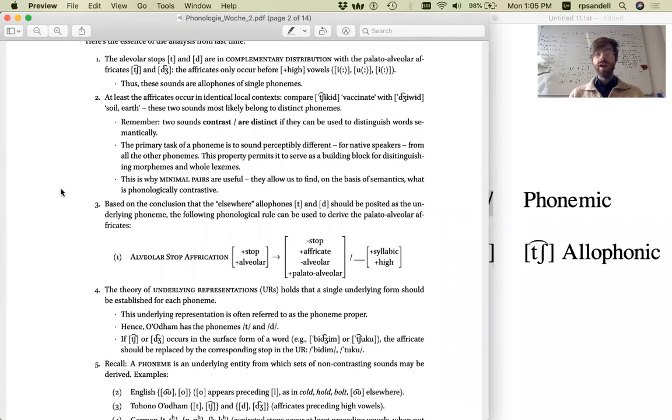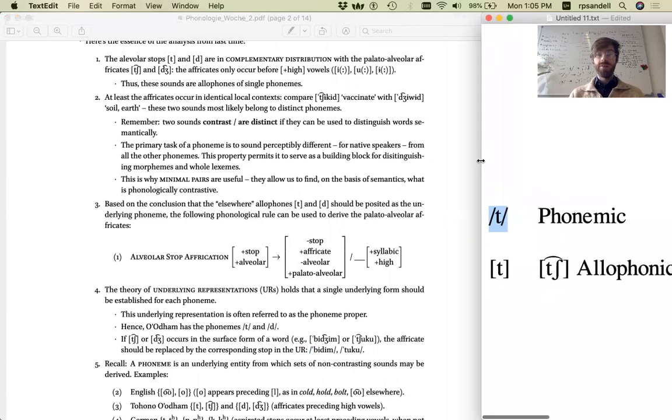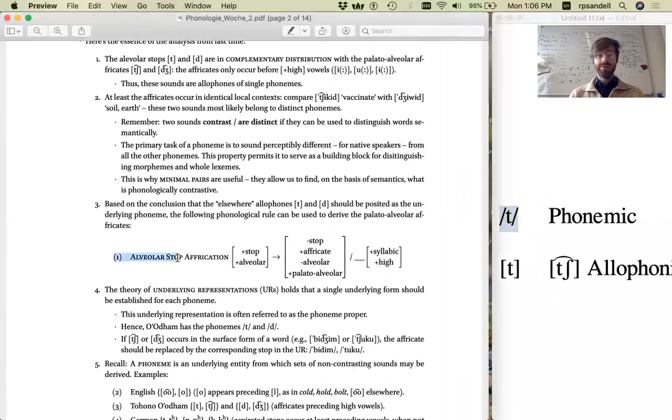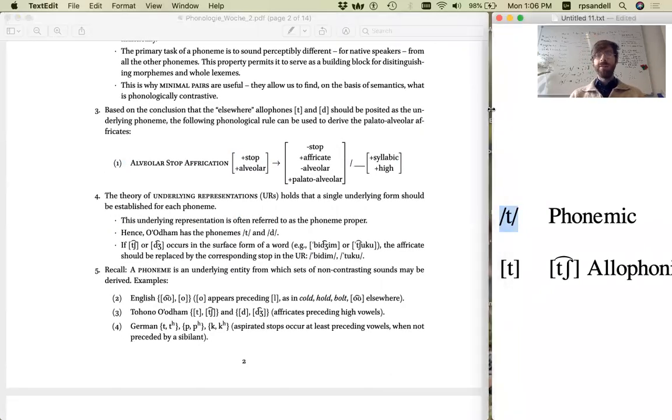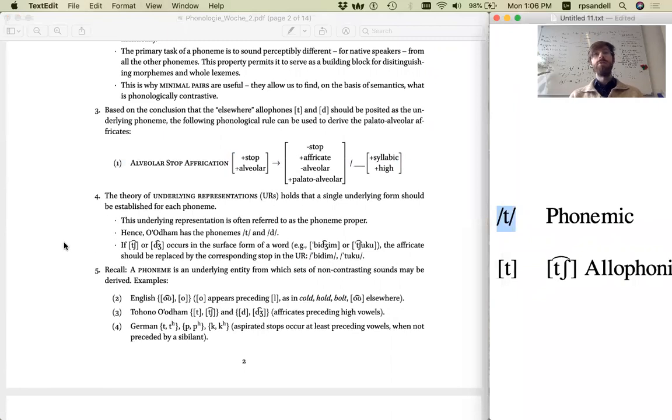Then for the underlying representation of those words, indicated between slashes, we should simply replace the affricate with the corresponding stop. And then by the application of our alveolar stop affrication rule, we will obtain the affricates in the expected position. We're able to predict the occurrence of those allophones.